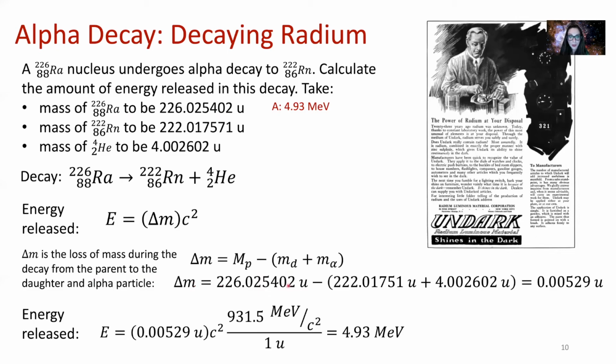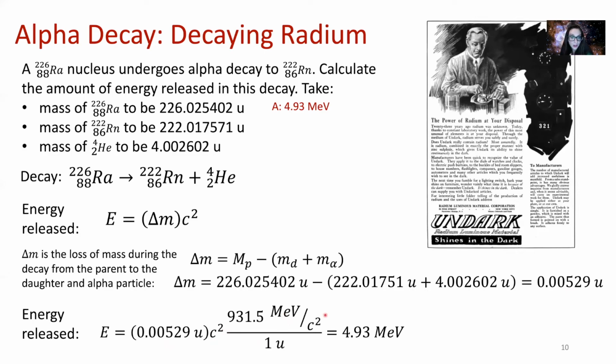And I performed this mathematical operation, and I find that delta M, this loss of mass during my decay process, is 0.00526 atomic mass units. So my energy released in this process will equal this change in mass times c squared. And I'm going to go ahead and multiply it by this conversion factor that takes me from atomic mass units to units of mega electron volts over c squared.